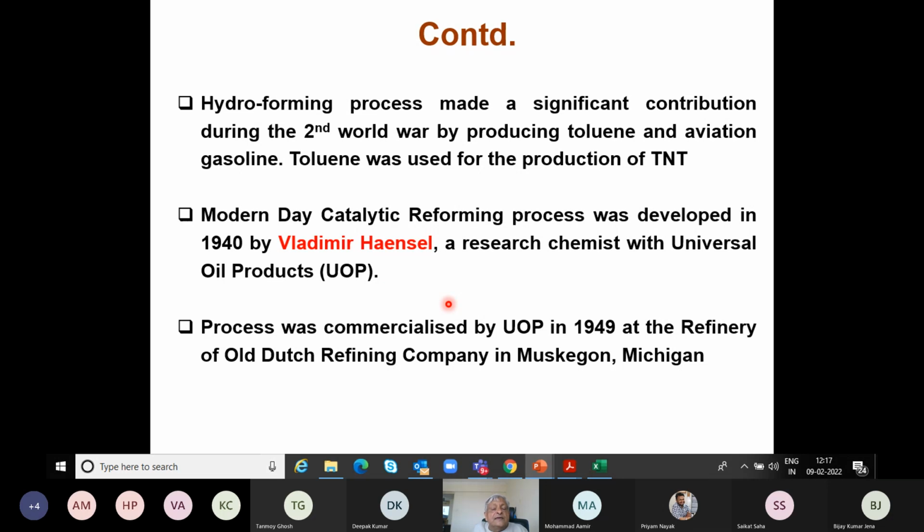They have still conserved the table of Vladimir Haensel and all the awards that he got. They have put prints of all the patents on the wall, and also his laboratory where he developed this technology. All of that is kept for people to see, like a museum.